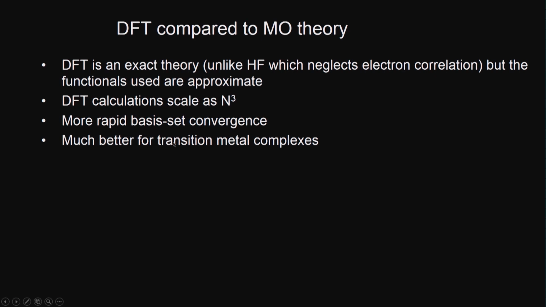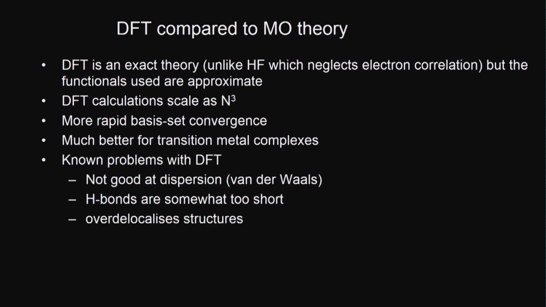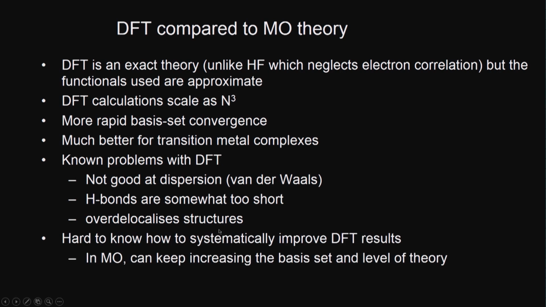Of course, semi-empirical methods are quite approximate. Known problems with DFT: it is not good at dispersion, hydrogen bonds are somewhat too short, it over-delocalizes structures, and it is hard to know how to systematically improve DFT results. In molecular orbital theory we can keep increasing the basis set and level of theory, but in DFT you do not know how to improve further.